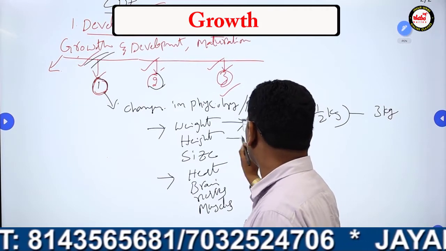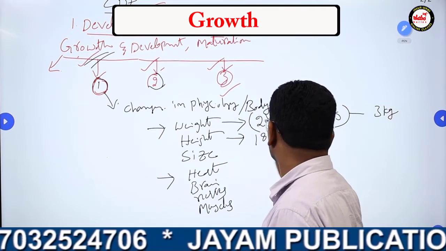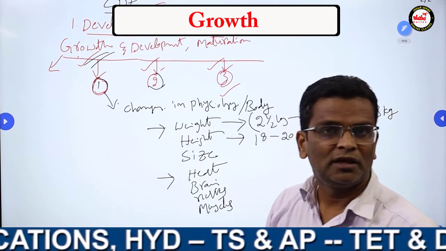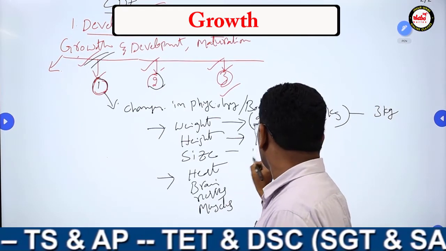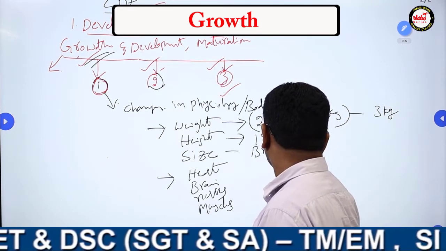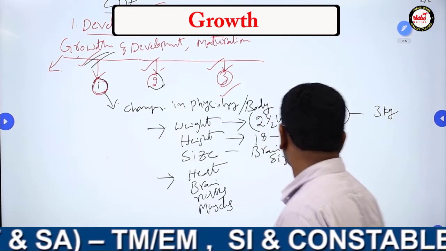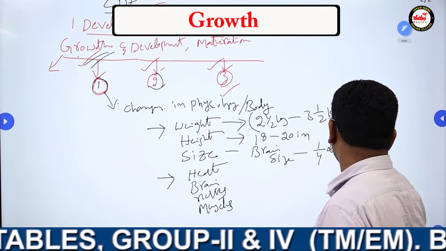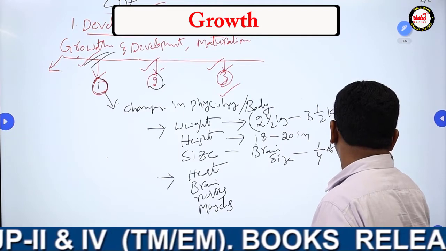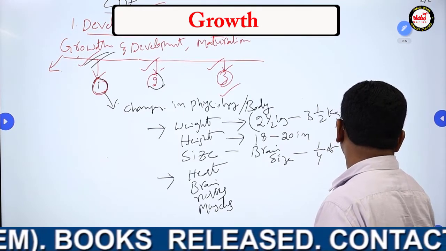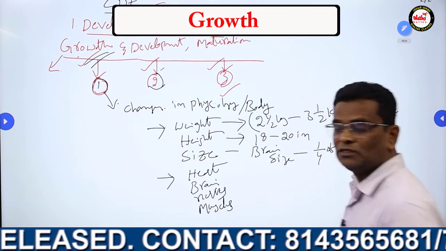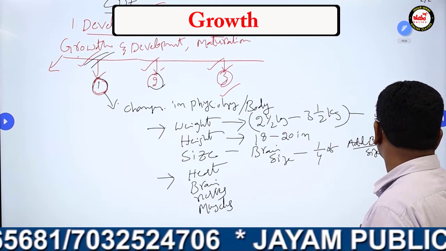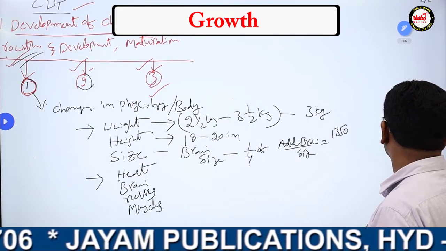Like that, height is 18 inches to 20 inches. Like that, his brain size is 1/4 of the adult brain size. For example, the adult brain size is 1350 grams.